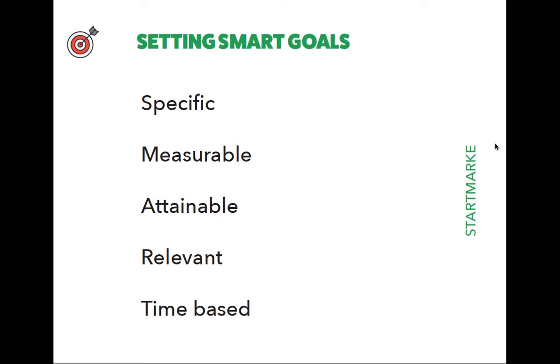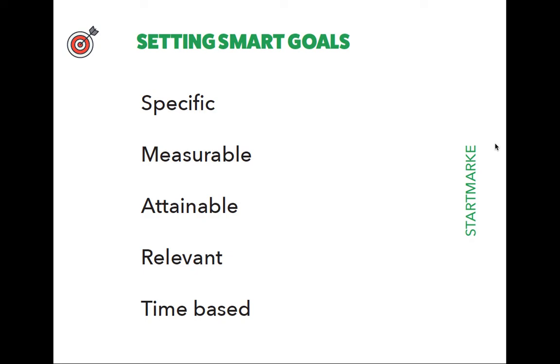Setting SMART goals. What are SMART goals? Number one, they're specific. Number two, they're measurable, right? So what's the data associated? How are we analyzing? How are we doing A/B testing? How are we staying relevant? Number three, they're attainable. Do not set a goal to increase your conversion rates by 50% if you're only going to post 5 social media posts to 2 accounts per month.